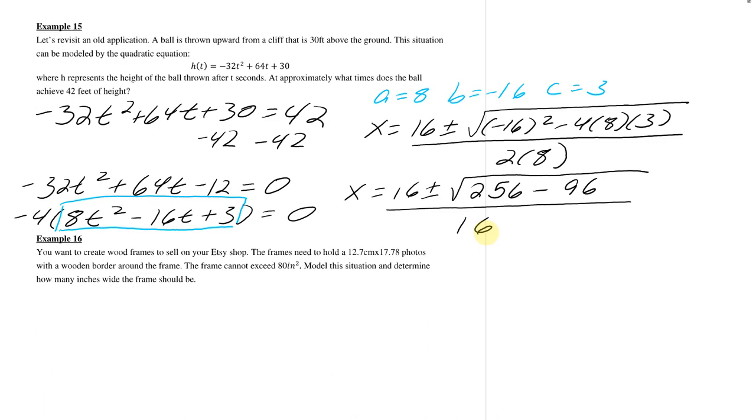Okay, so I will just continue this down here. This is 16 plus or minus the square root of 160, divided by 16. And now, in the interest of space, I'm just going to tell you what the decimals should come out to.